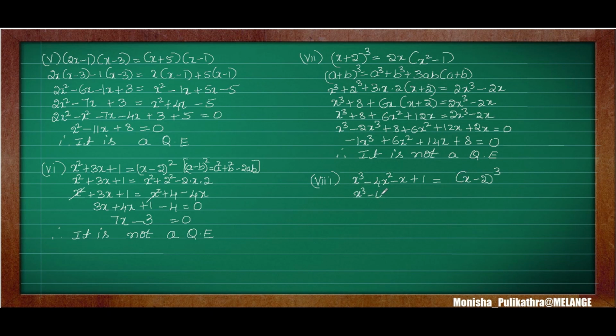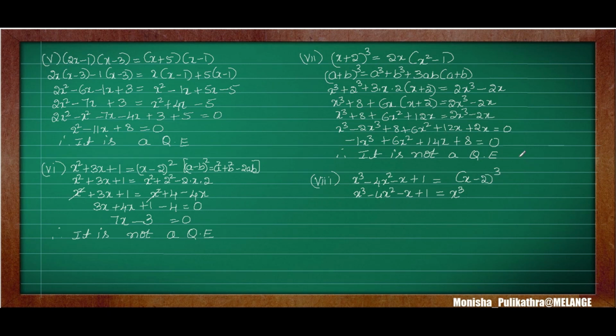So x³ − 4x² − x + 1 is equal to, again in the form of a formula. Here it was a plus b, here it is a minus b.